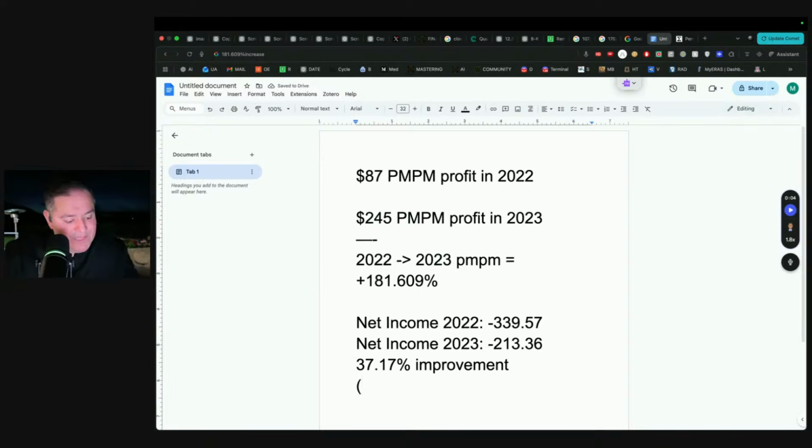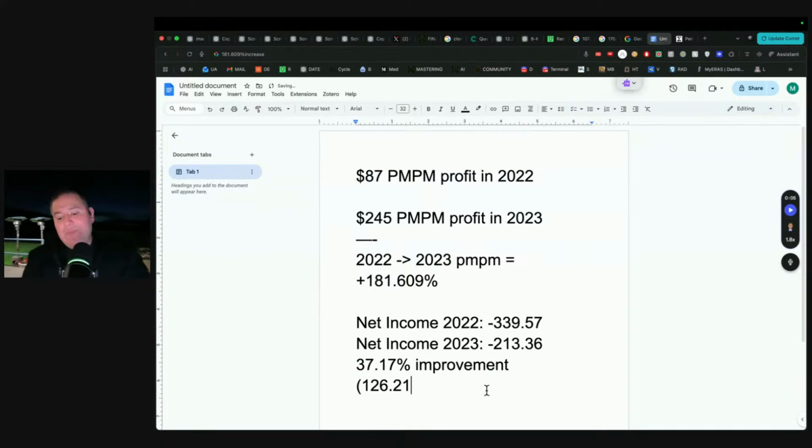They were able to essentially save $126.21 million. Now, how much of that is ACO?